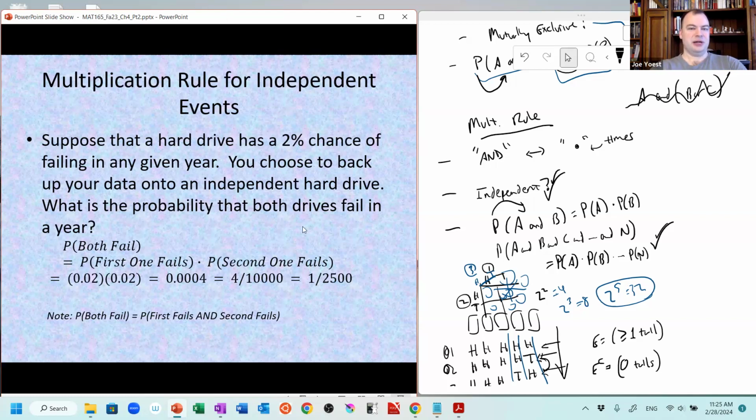So it's a legitimate question: if you, as an actual person in actual reality, were backing up important data onto hard drives, how far would you have to go to be willing to assume independence? That's a hard question to answer. But again, in the mathematical structure, if we say the hard drives are independent, then the hard drives are independent, and we can get an answer under the mathematical structure.